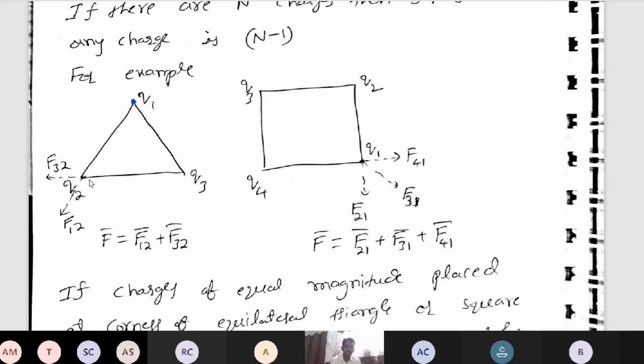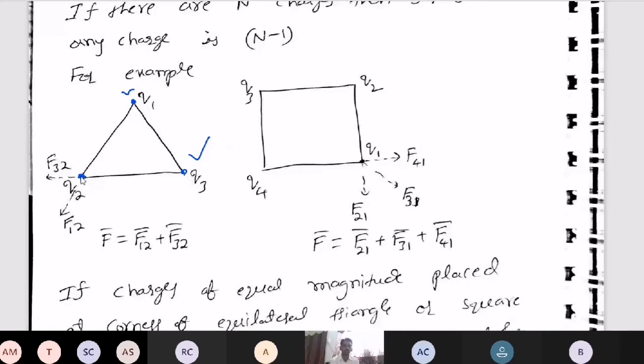If you take a triangle, you can place three charges at three corners. If they ask for the force on Q2, suppose, then if you exclude Q2, how many more charges are there? One is Q1, another is Q3. Two more charges are there, so Q2 experiences two forces.